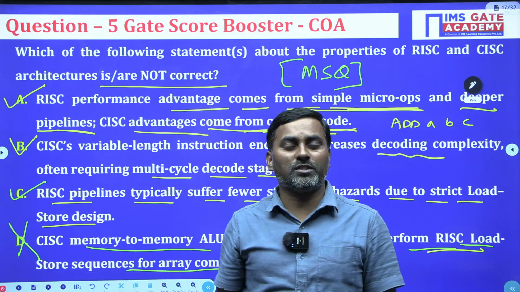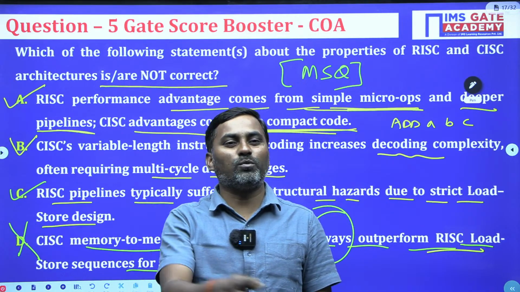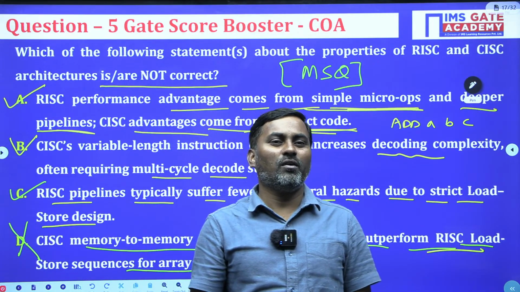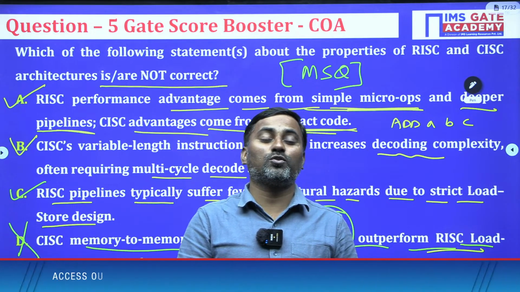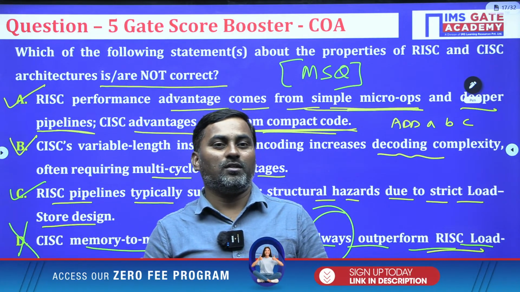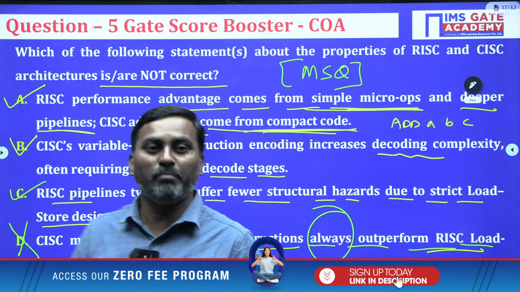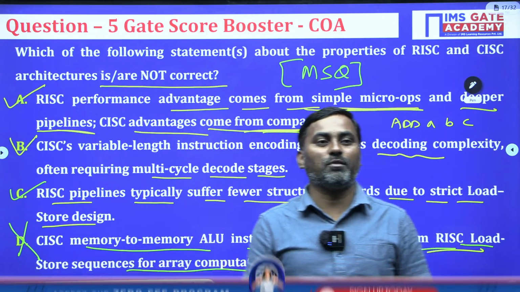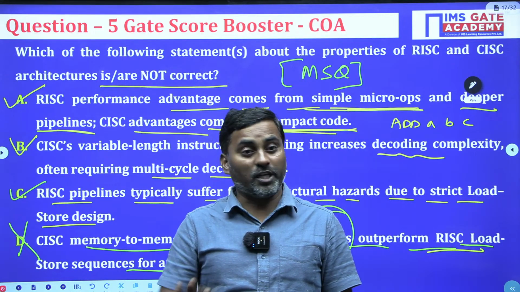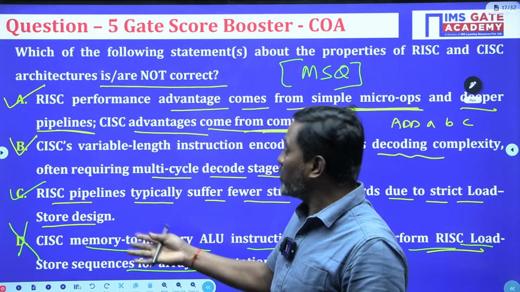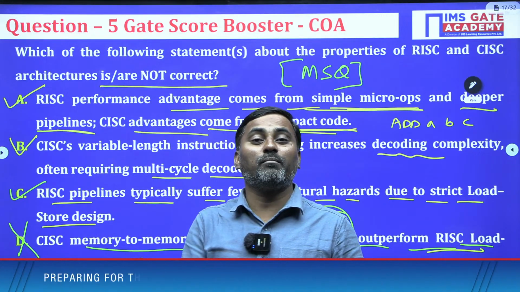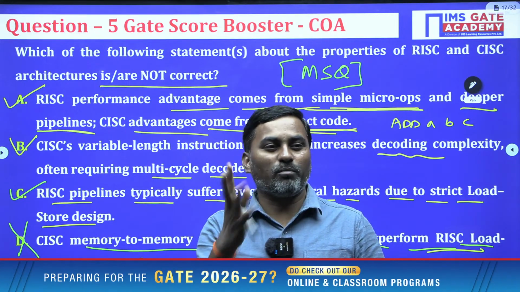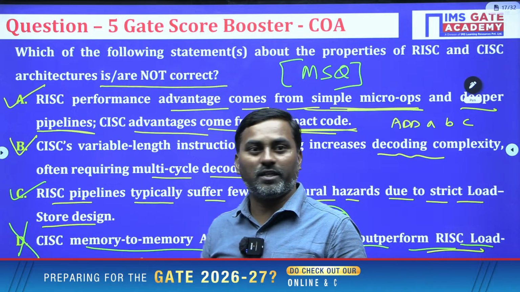There were four to five questions in some sessions where an MSQ question had only one right option. So my dear students, do remember this. Don't expect an MSQ question to always have more than one right option. If you keep that in mind, you will search for one more option, and sometimes a very close option will be there that you mark. That is going to be a big mistake.